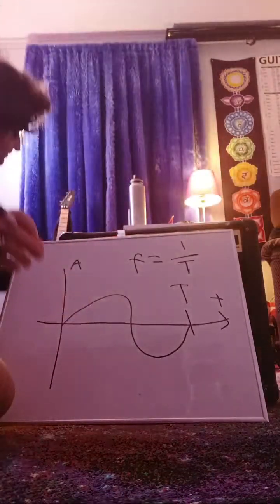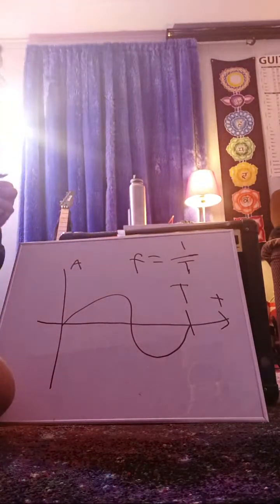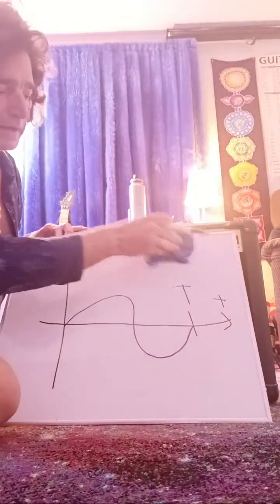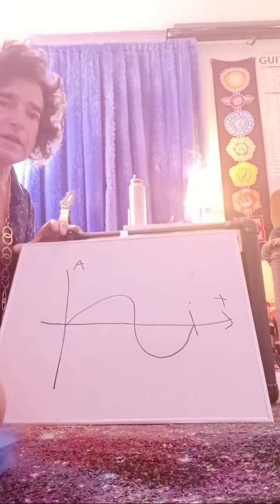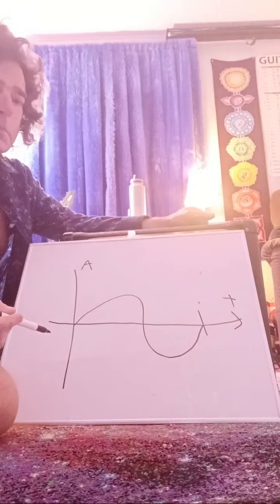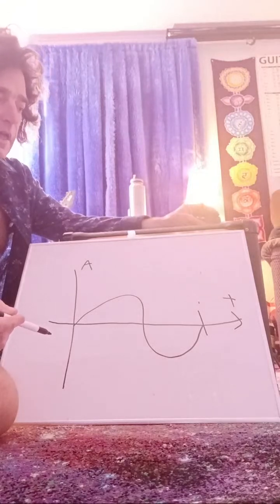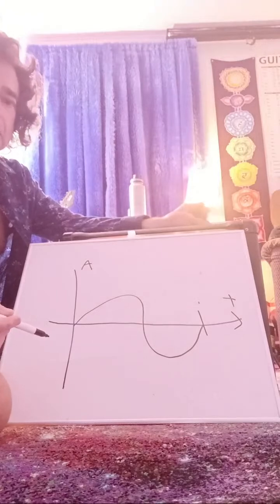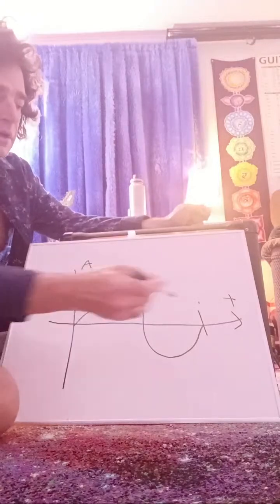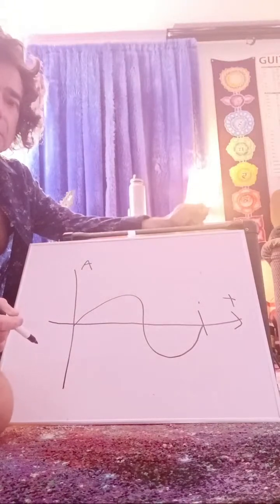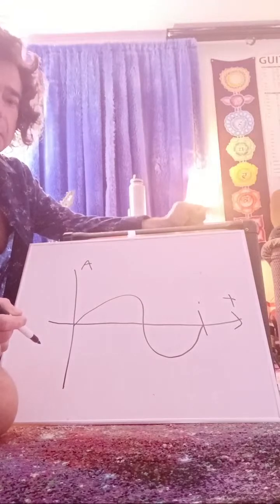Okay, now here's the trick, though. When you have a string vibrating at this frequency, it doesn't just vibrate at this frequency. It vibrates at every multiple of that frequency. Every time the frequency gets multiplied, the period also gets divided by the same number that you're multiplying the frequency by.